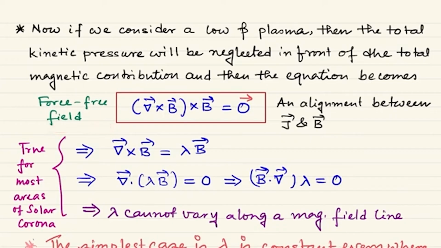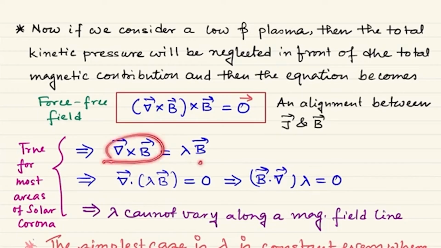Now if we have this situation, then of course we can say that curl of B can be any scalar times B, because they are two collinear vectors now, so one vector can be written as a scalar function times the vector B. Then you take the divergence of both sides.